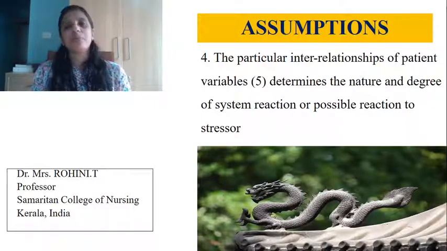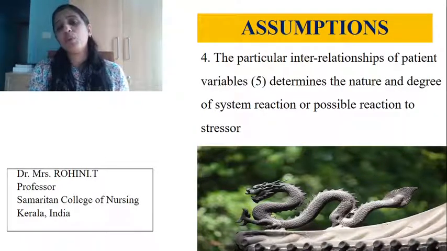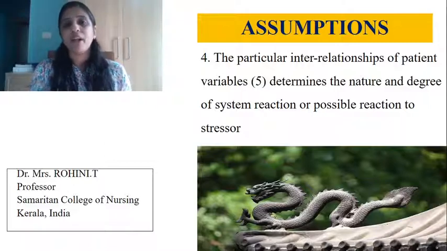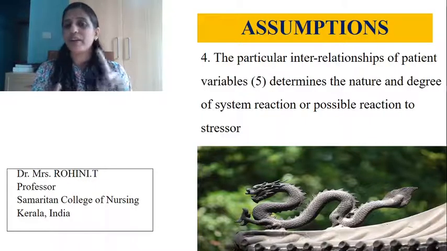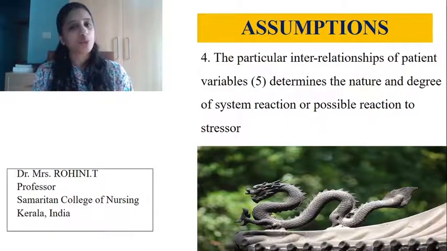Suppose for a person who is having very low immunity in this COVID period, I can tell you that a person with a very low immunity and various comorbidities will become more sick than a healthy person who has ended up with a COVID infection. Why? The degree of reaction depends upon the interrelationship of physiological, psychological, socio-cultural, developmental and spiritual variables.